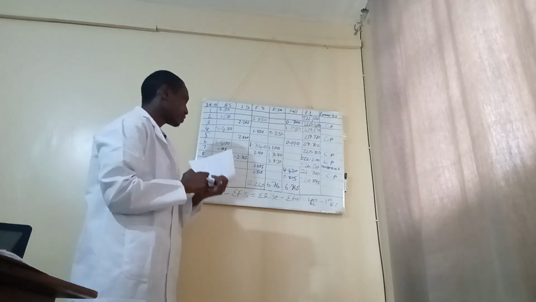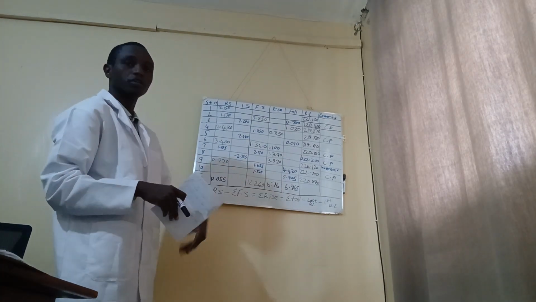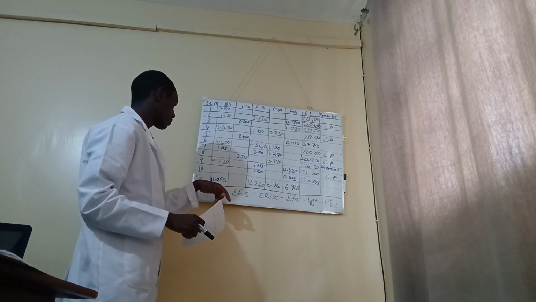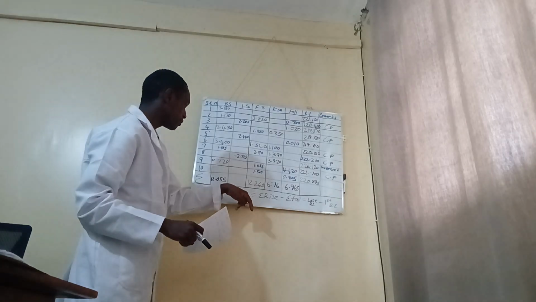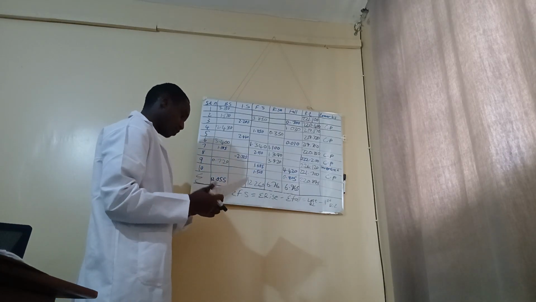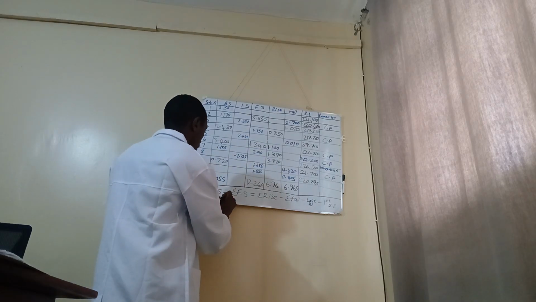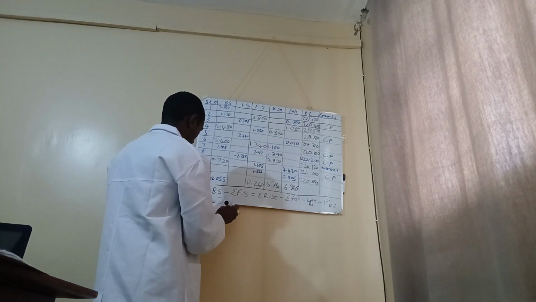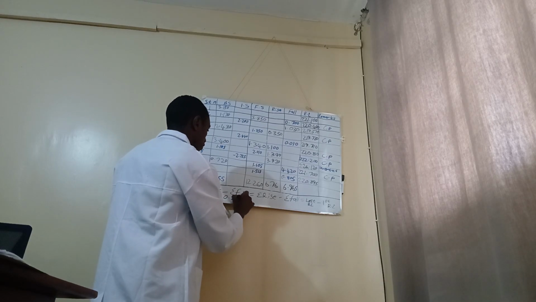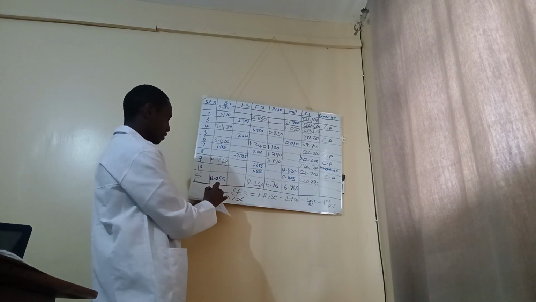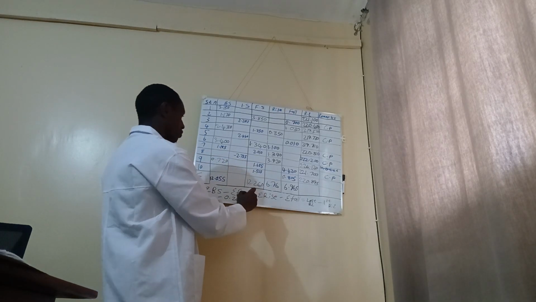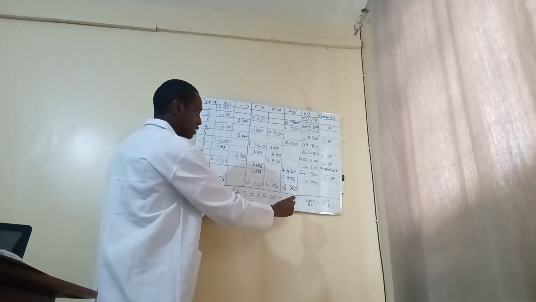So when you have all those values, now you can do your checks very easily. We said the sum of the backside minus the sum of the foreside will give you a value which is negative 0.205. That should be equal to the sum of rise minus the sum of fall.